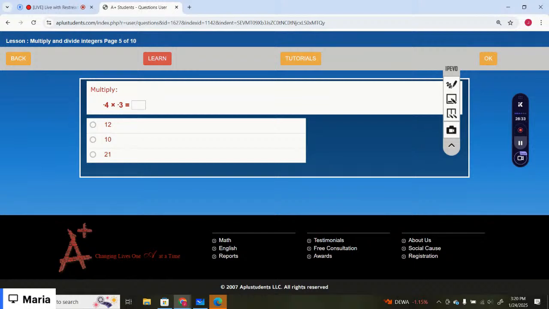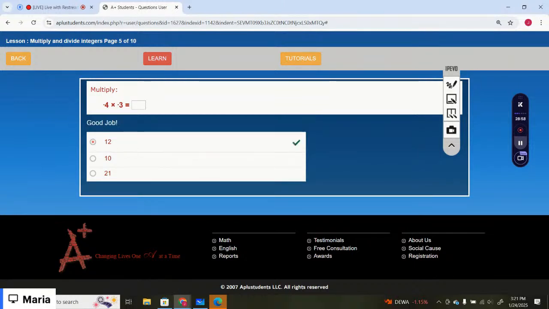Negative 4 times negative 3, which is the correct option? That is 12. Option number 1 is the correct option.